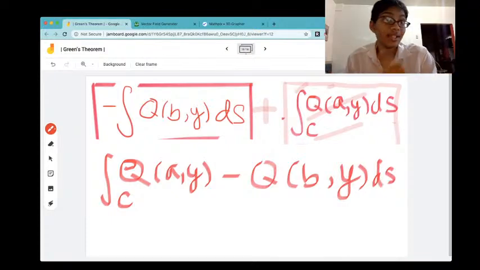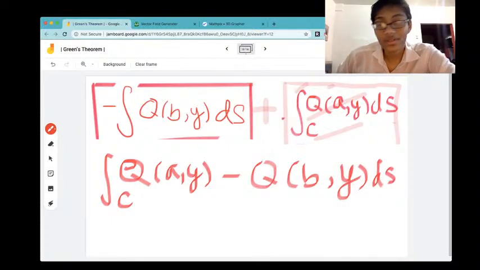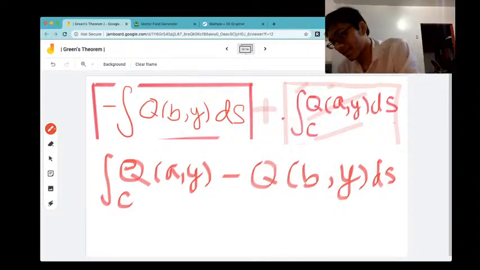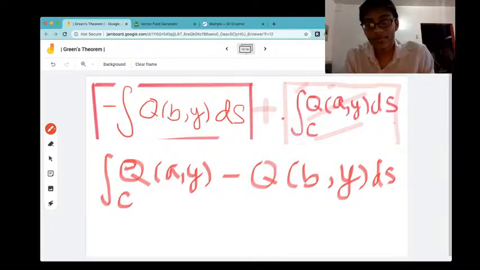But hey, what does that look like? That looks to me like a derivative. Sorry, an integral. And why is that? Well, look at this. I can simply rewrite this. Let's take a look at that inside portion right here.